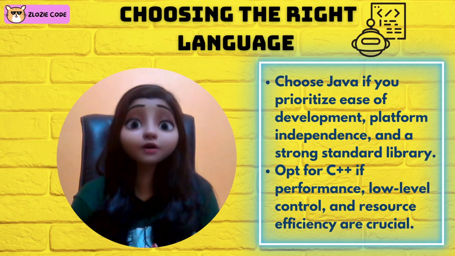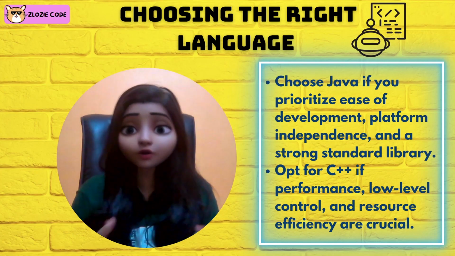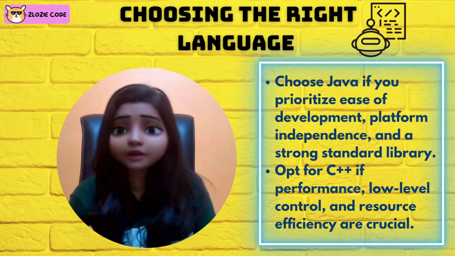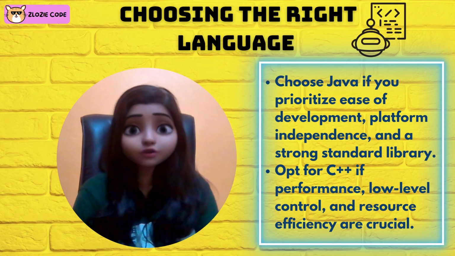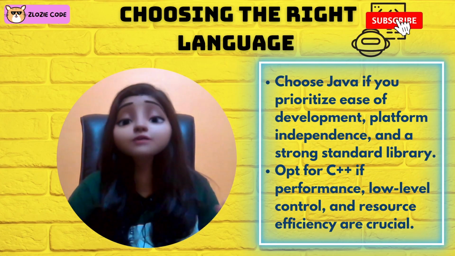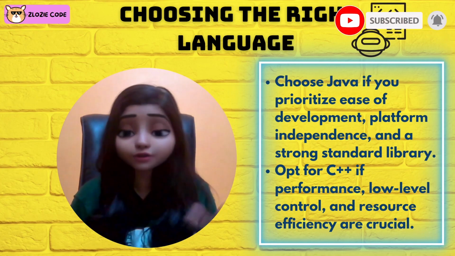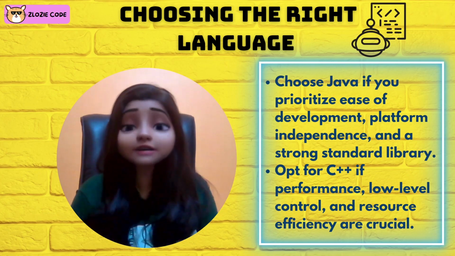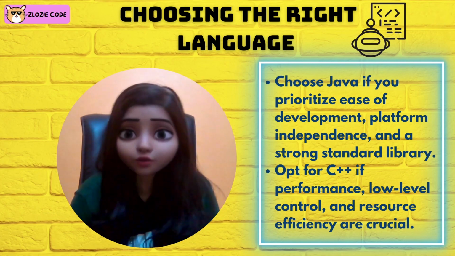Now let's talk about choosing the right language. If your priorities are ease of development, platform independence and a strong standard library, then you can choose Java for sure. And if you want performance or low-level control of your code, and resource efficiency is crucial, then you can go with C++.